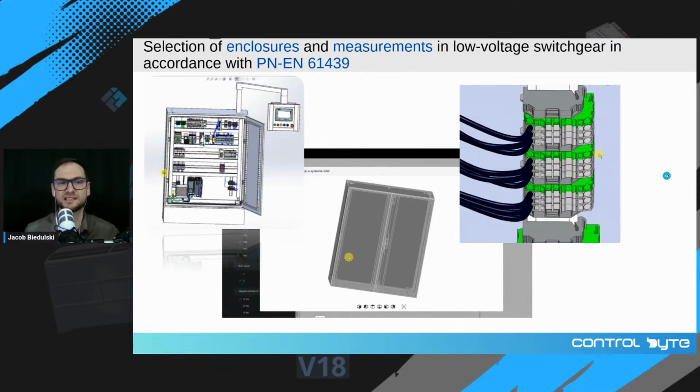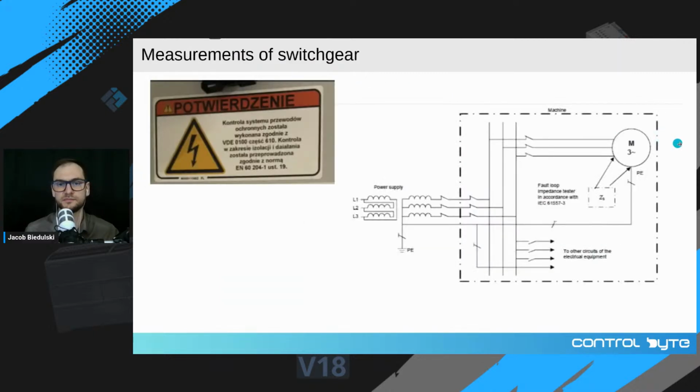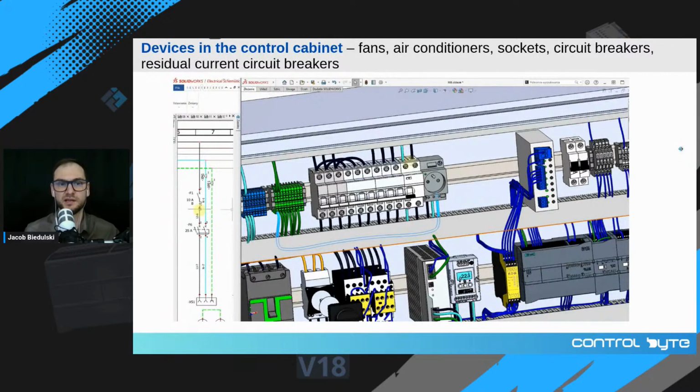You will select an enclosure for the project, for the pallet wrapping machine, and you will learn which measurements in low voltage switchgear are required according to the standard. Yeah, this is the measurement of the switchgear.